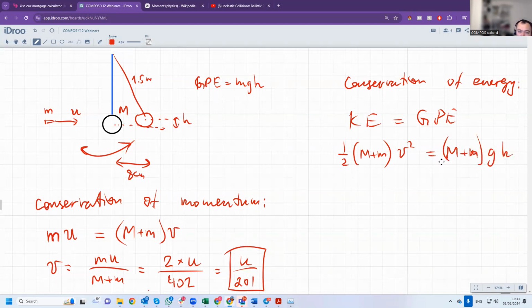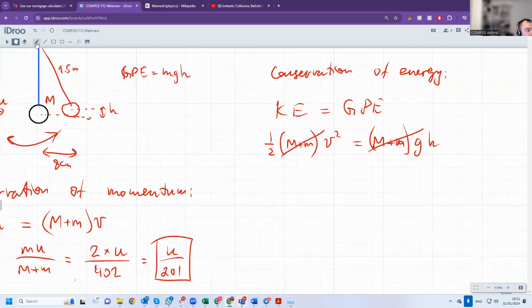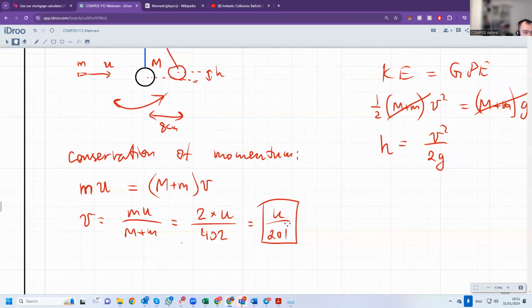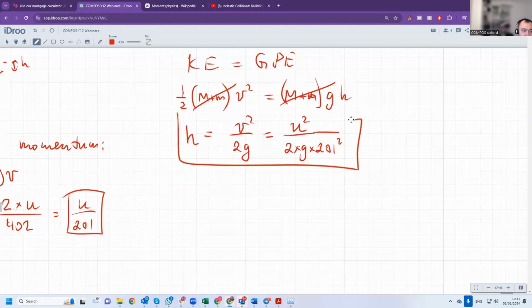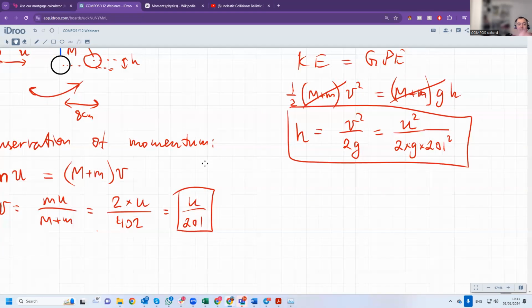So M plus m can cancel, and we're left with h equal to v squared divided by 2g. And we already know that v is u over 201. So there's going to be u squared divided by 2 times g times 201 squared. That's the maximum height of the pendulum.